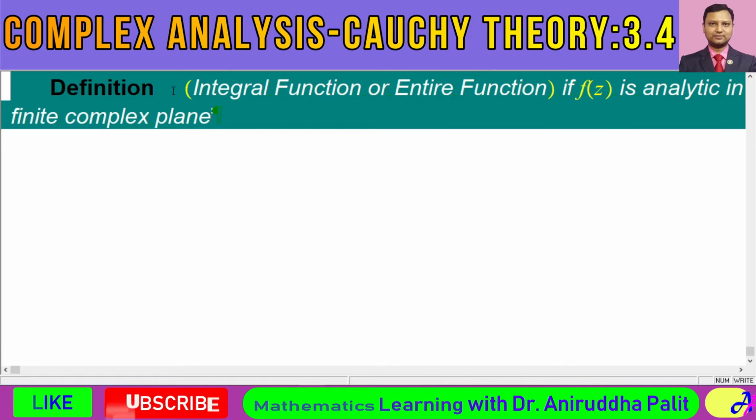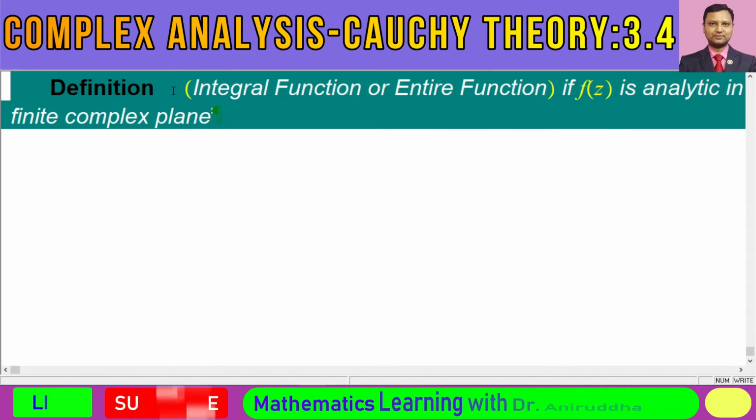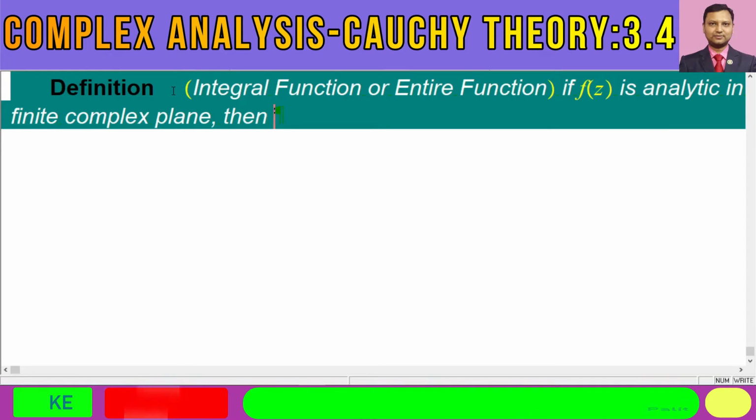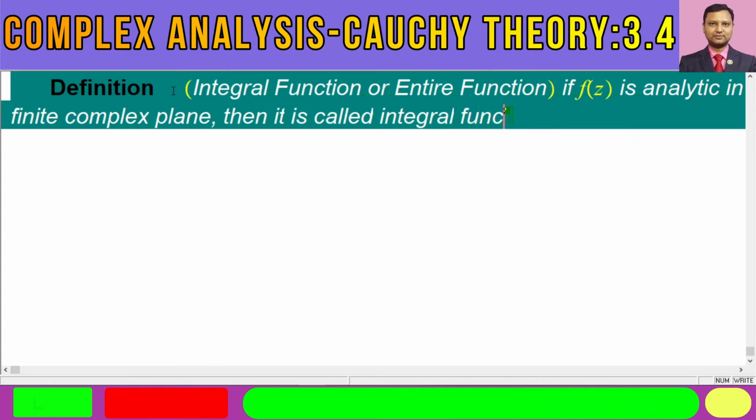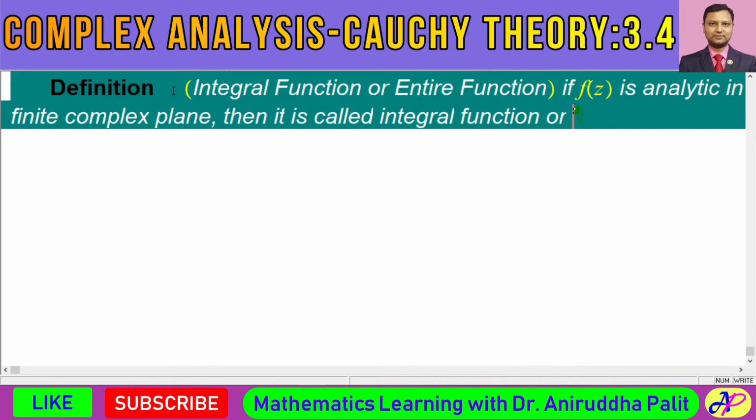I shall discuss all this. If the function f is analytic in finite complex plane, then it is called integral function or entire function.